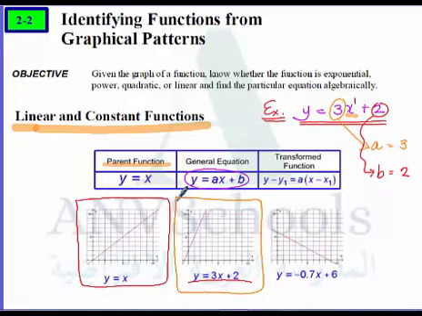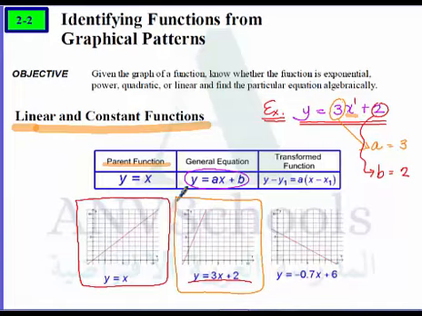Now a transformed function, of course, when we are talking about transformed functions, we are talking about transformations. And when we do have transformations, we have either a vertical dilation or a horizontal dilation or a translation, which is either vertical, on the y part of your function, or horizontal, on the x part of your function.